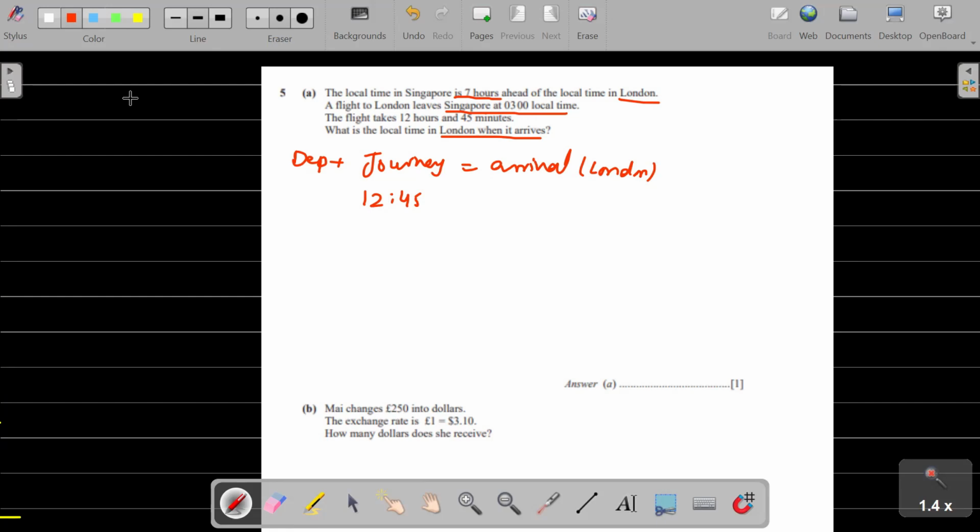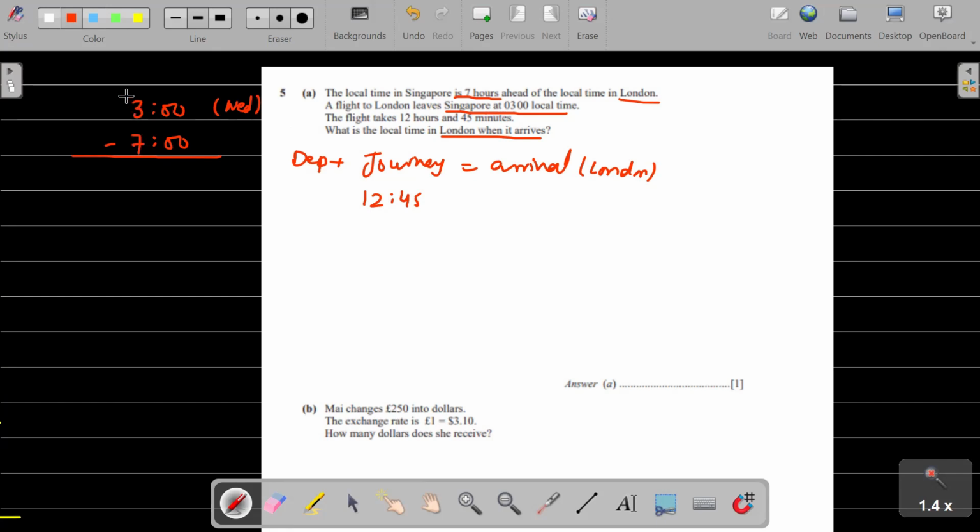Because if it is 3:00, then I need to subtract 7 hours from it. Suppose it was Wednesday, because it didn't mention the day over here. Okay, I'm just giving you an example. Suppose it was Wednesday when he was going to leave. Then after subtraction, because we know that according to the rule, I cannot subtract 7 from 3.